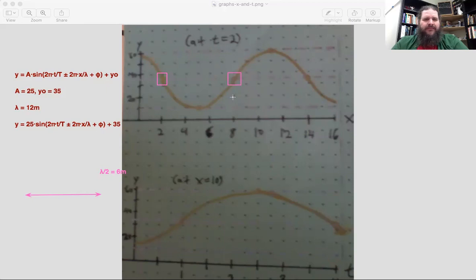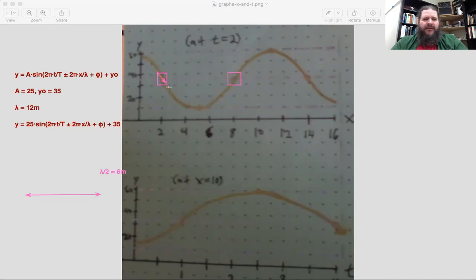What's different about them? Or what do you notice about the slopes of those 2 points? One's negative and one's positive.